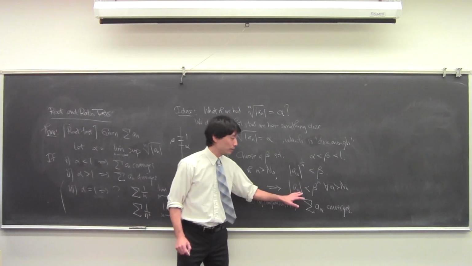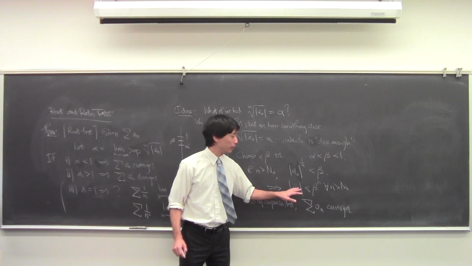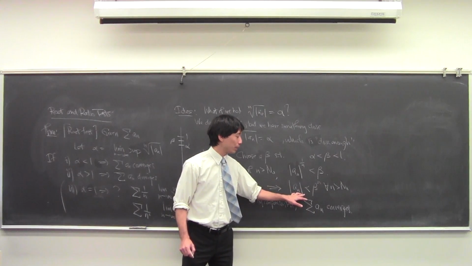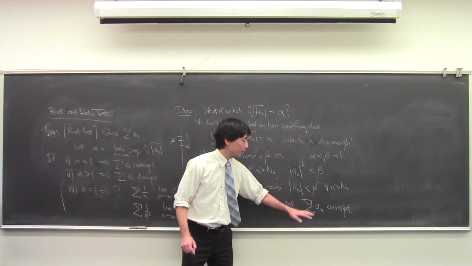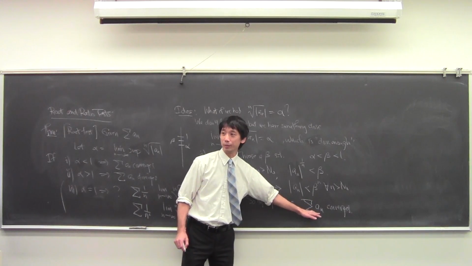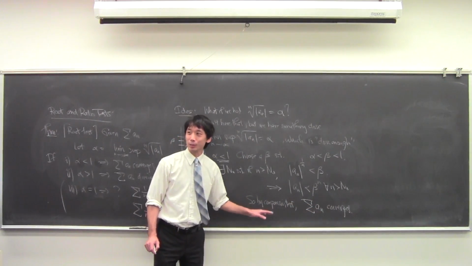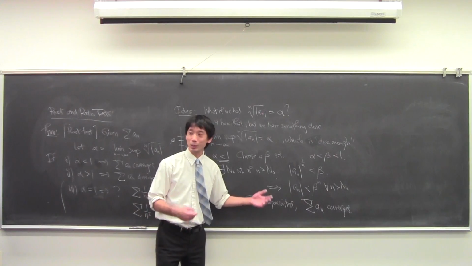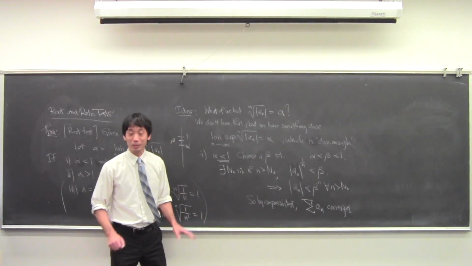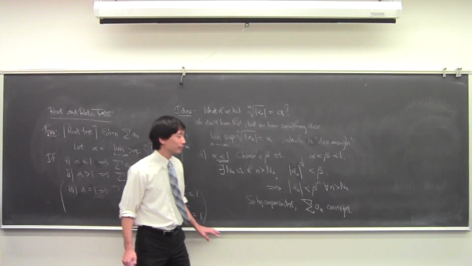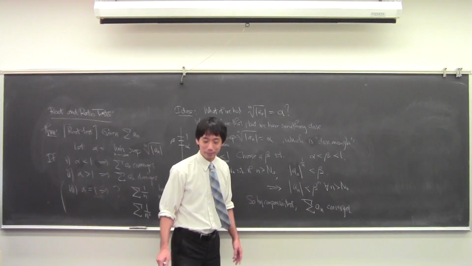Yeah, in fact, that's true, and that actually implies that the original series converges. But we haven't talked about that yet. So it is definitely stronger, but we haven't spoken about why it is stronger.